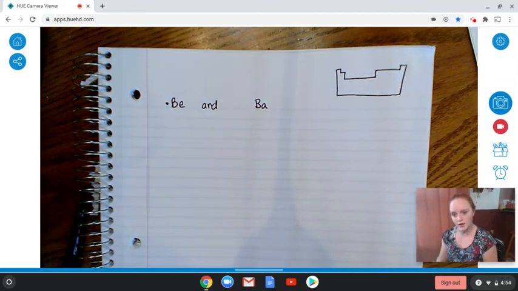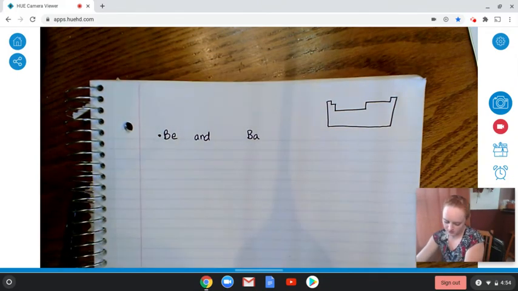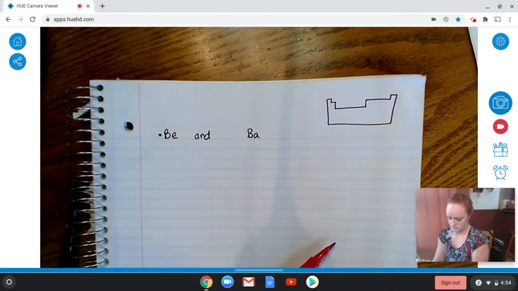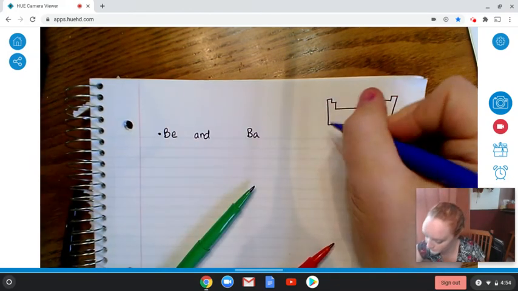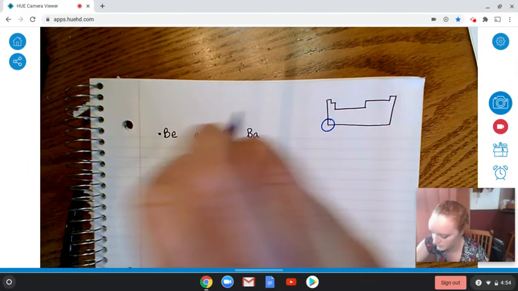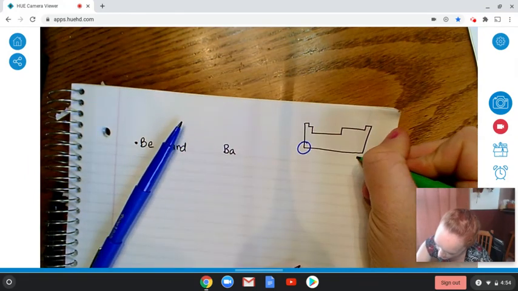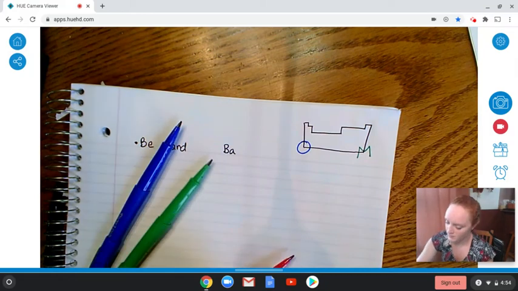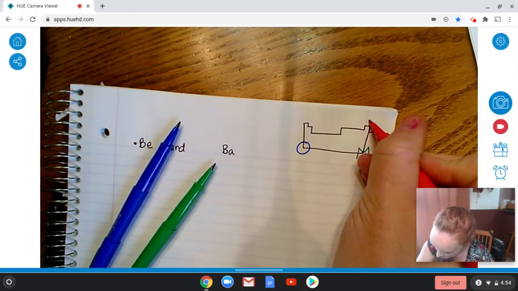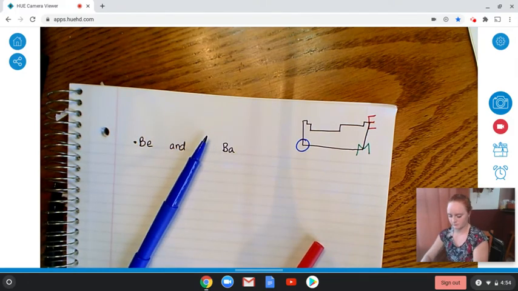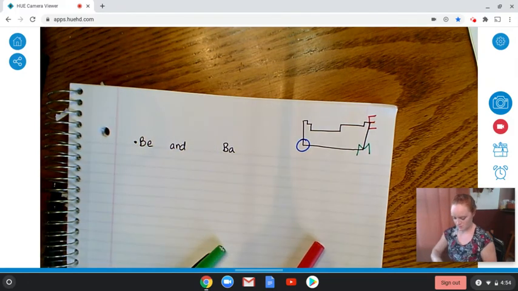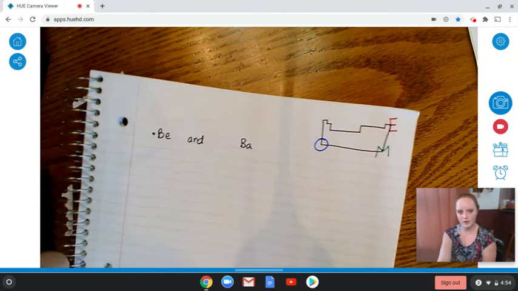I'm going to add my trends in the colors that I add them in. I'm going to remember my three corners. O, M, E. And now I'm going to answer my three questions.